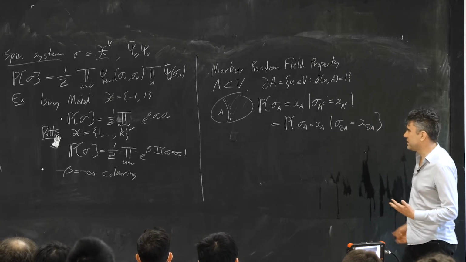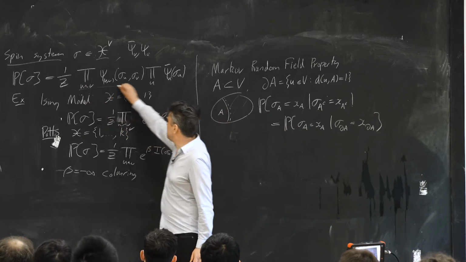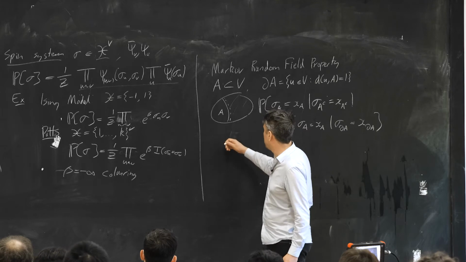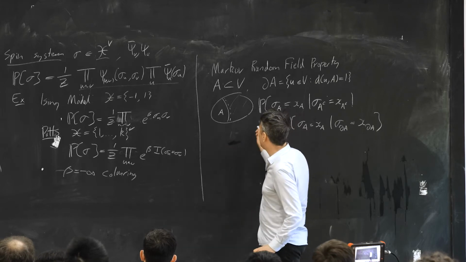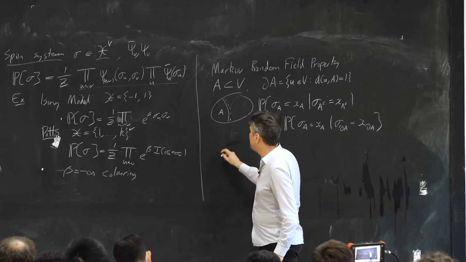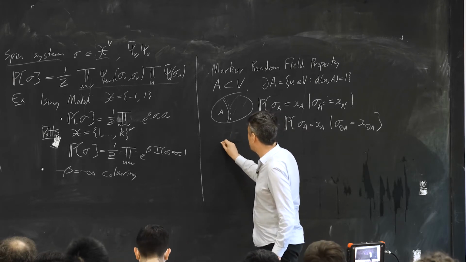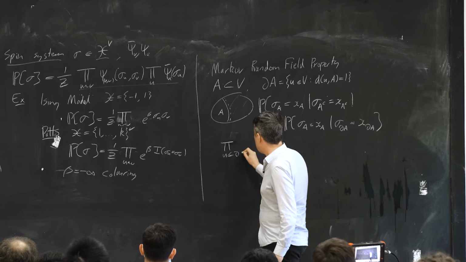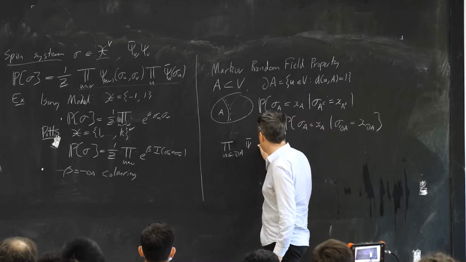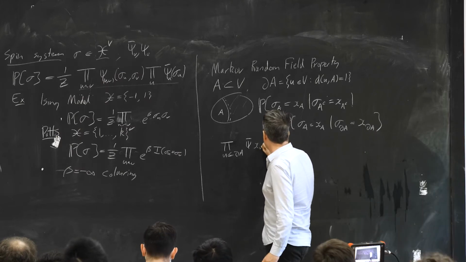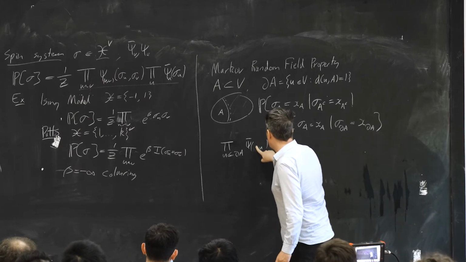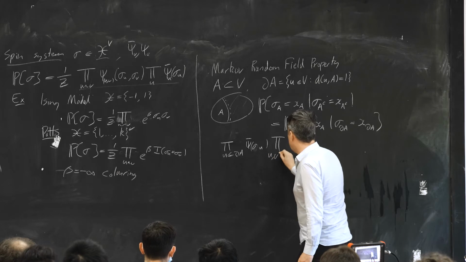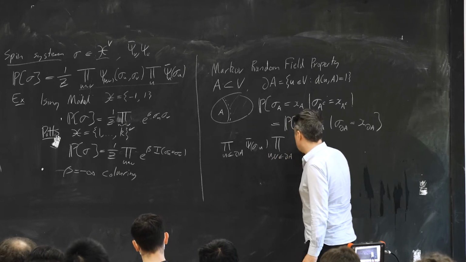And basically it comes from taking this product form, and it factorizes into a product over U in partial A of sigma U, and a product over U and V in partial A.